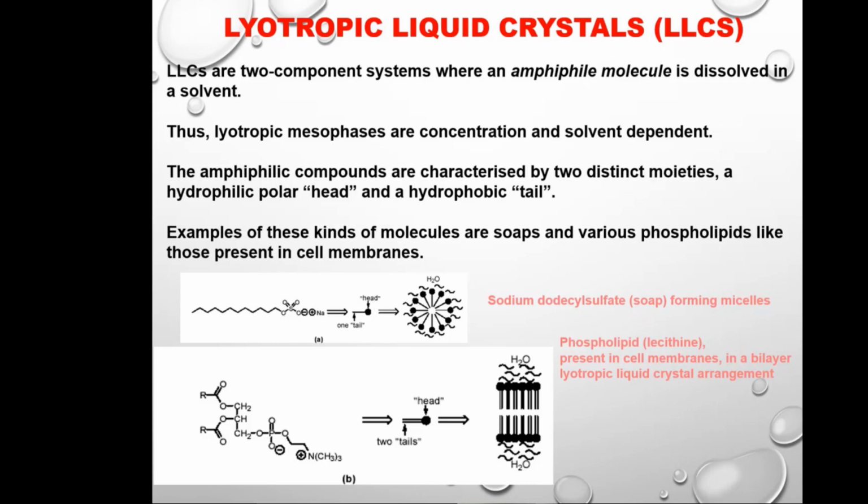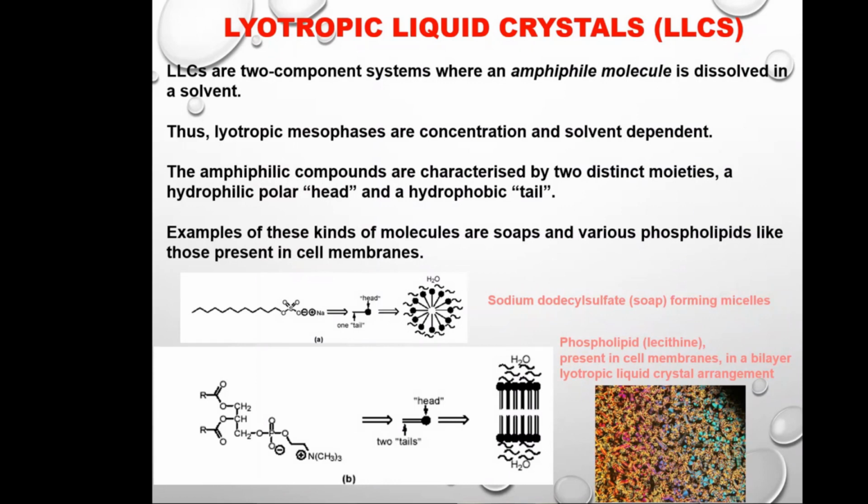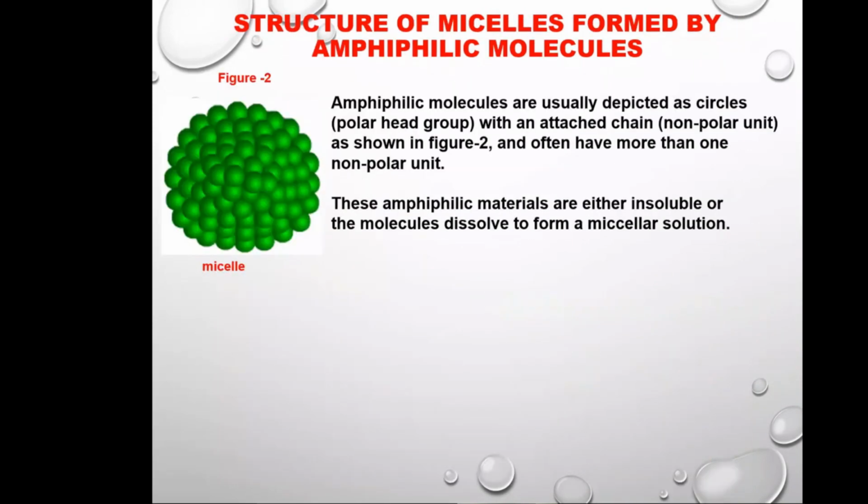Here we have the example of lecithin, which tends to organize into a pipe. And again, a beautiful photo taken with the polarized light microscope, showing how this organization can be observed.